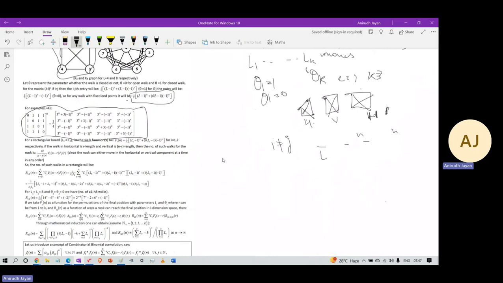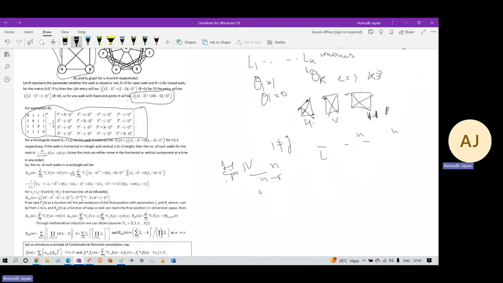Now, say in a two-dimensional board, either you move in horizontal or vertical. Say I make R moves. There are n moves. I move R moves in horizontal, which means I move n minus R in vertical.